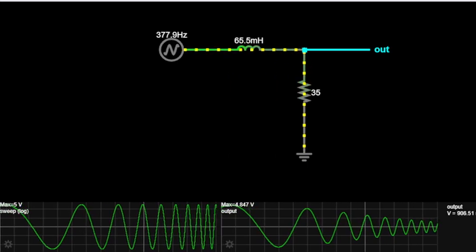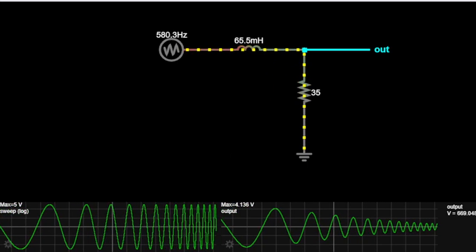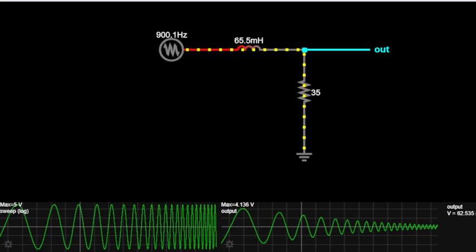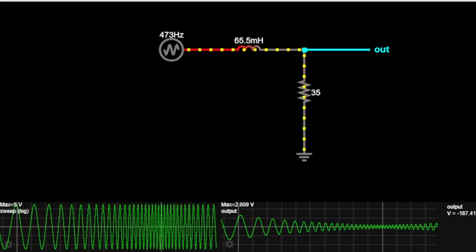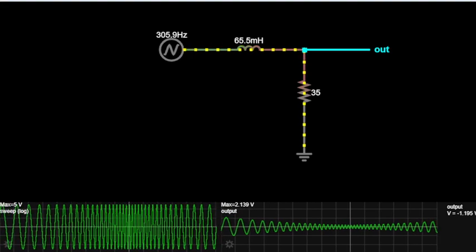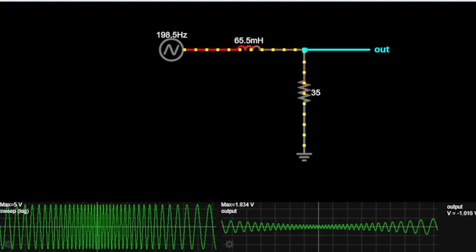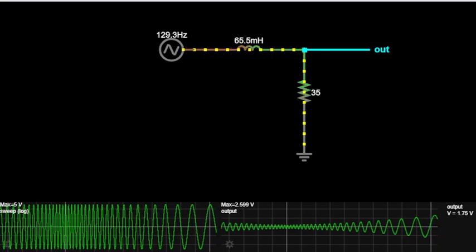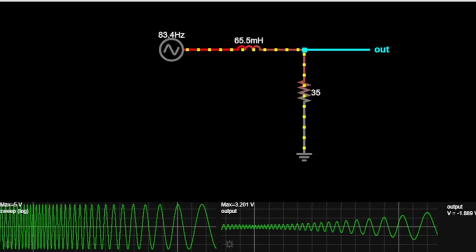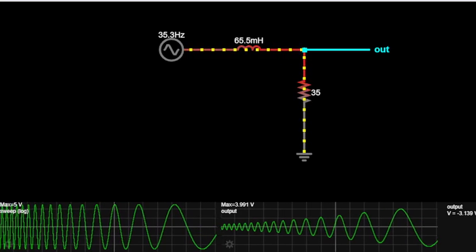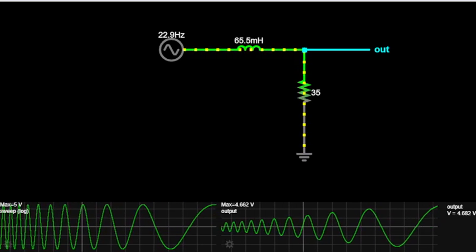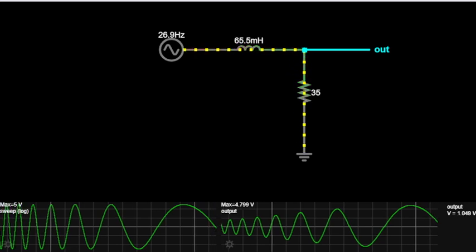In the RL configuration, we are dealing with a combination of a resistor and an inductor. If we break down the RL circuit, we have a resistor and an inductor in series. The resistor opposes the flow of current, and the inductor resists changes in the current passing through it.